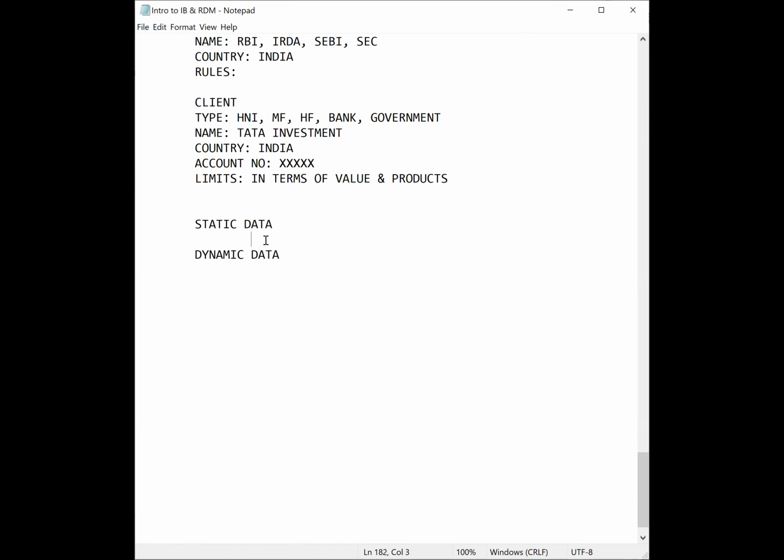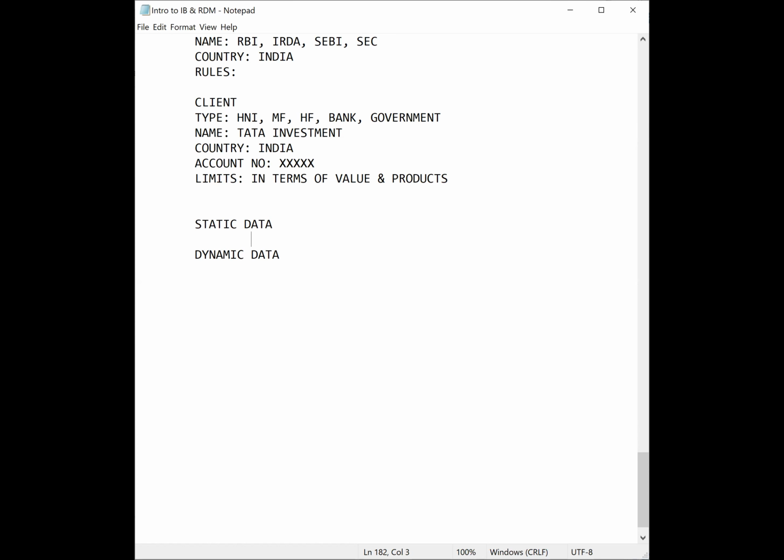So your account number, the custodian account number, the currency codes, the lot size. These would come under static data. Whereas the pricing data, exchange rate data, premium data, all this would be dynamic data.